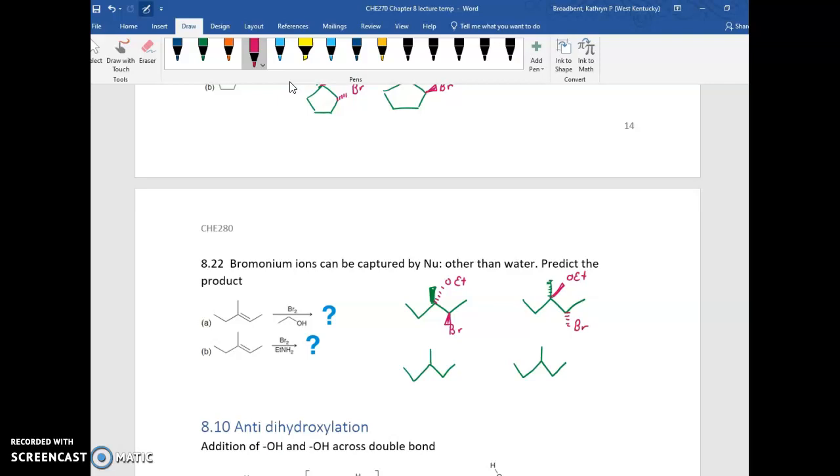Okay, and we'll do exactly the same thing here. And we'll dash.